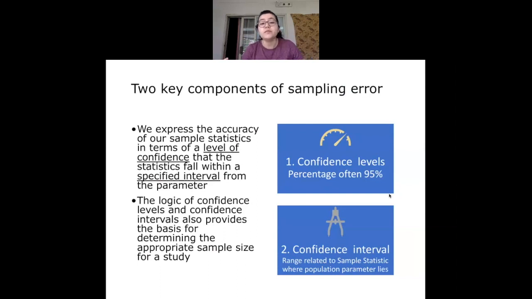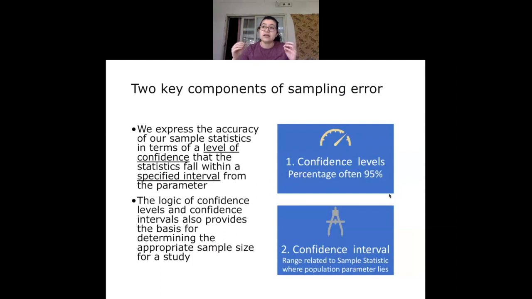So the accuracy of our sample statistics: if we're looking at the percentage of people who have internet access in a specific country, and we said it was 42% in the larger population that we do know, if we're sampling, we know that within 40 to 46, this range, the parameter estimate is in this range with 95% confidence.